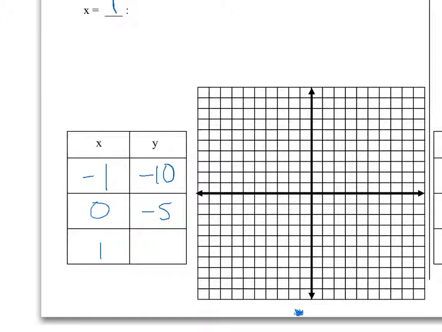Oop, lost my points too. That looks better. Okay. And making sure I put my arrows on there so we are clear that this is going to go on forever. Michael.